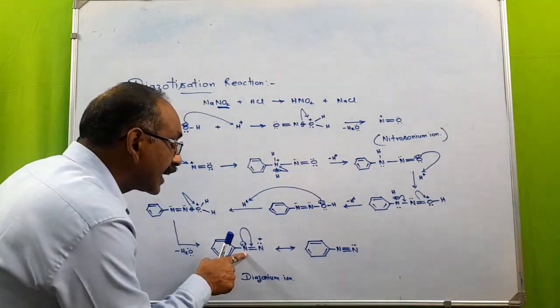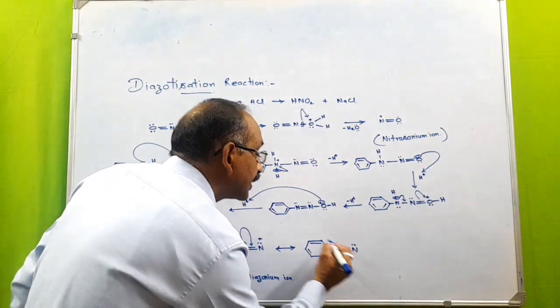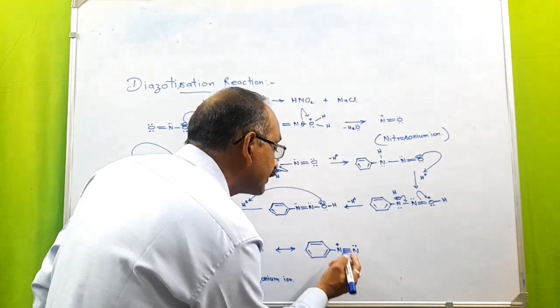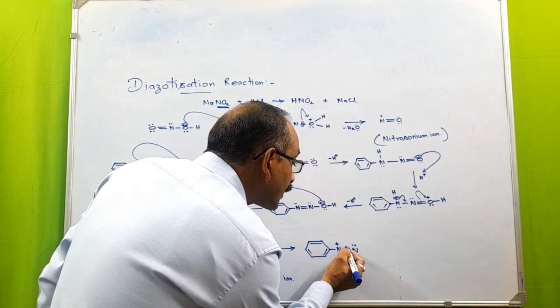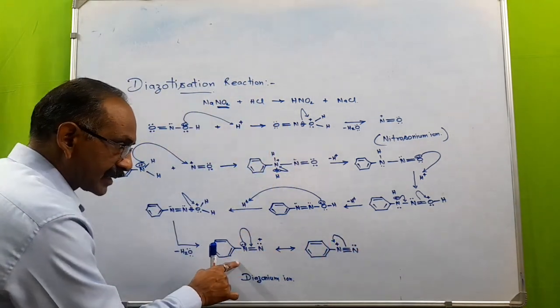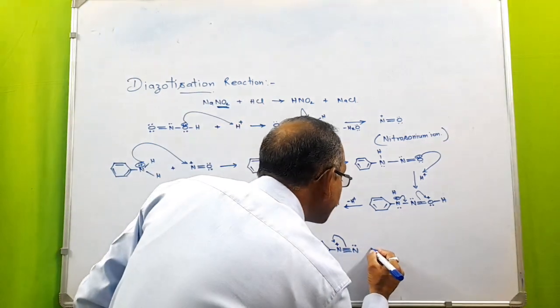As this nitrogen has donated an electron pair, it will become electron deficient and will have a positive charge. In order to compensate its positive charge, the electron pair will shift over the nitrogen. You will get this type of structure. These are the two resonating structures.